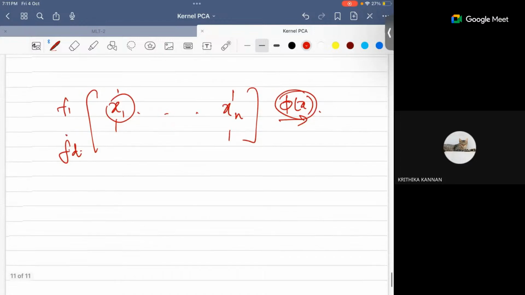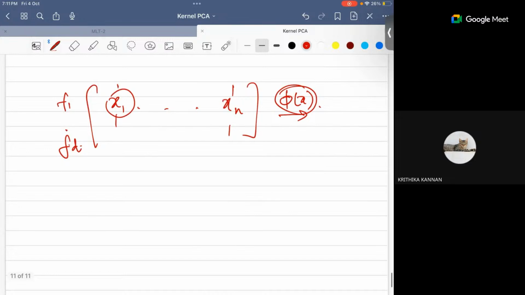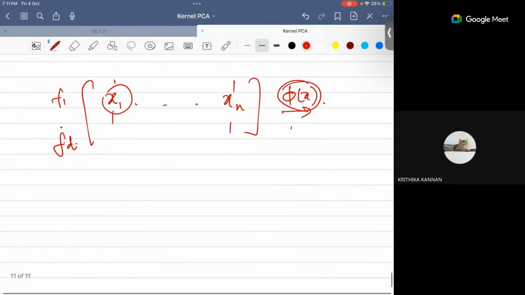So what we came upon was some functions, a nice function that helped us. And why it helped us, there's also a reason. Let's say this is our function. You have done some mapping, and after doing the mapping you got some phi matrix, right?